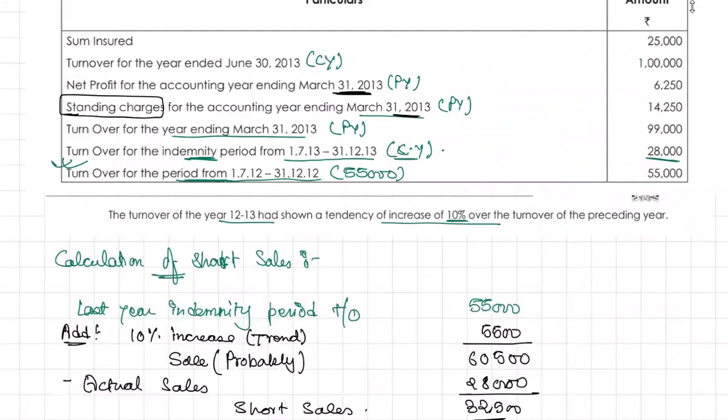Our fixed overhead cost. Will it change? It will never ever change. धंधा करो ना करो ये तो सेम ही रहेंगे.